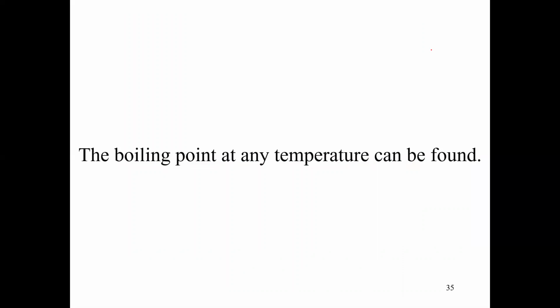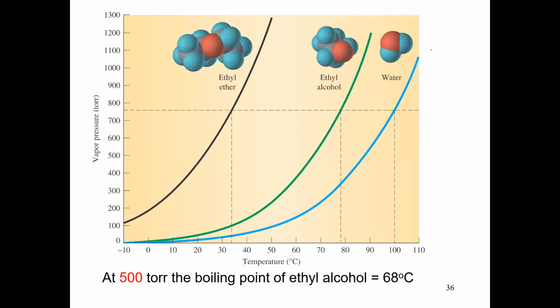The boiling point at any pressure can be found by looking at the curves. So in Denver, the atmospheric pressure might be like 650 torr, so the boiling point would be like 92 degrees Celsius in Denver. And basically that's a typical curve that you have for each of those based on where you are.